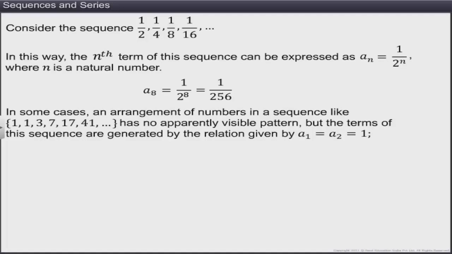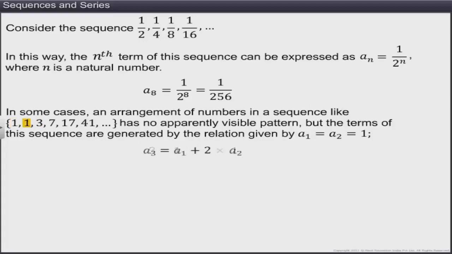and so on has no apparently visible pattern. But the terms of this sequence are generated by the relation given by A1 equal to A2 equal to 1. The third term can be obtained by adding the first term and 2 times the second term.